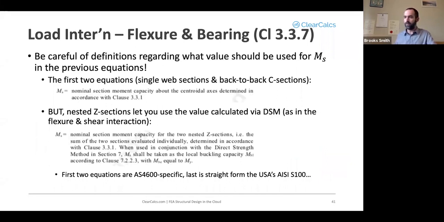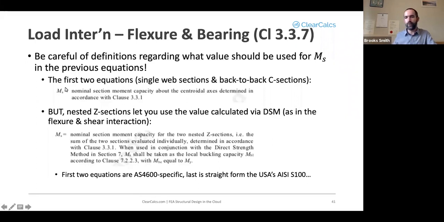There is something a bit confusing still in the AS4600-2018 revision in that flexure and bearing interaction equation. That is that the definition of M sub S is different for the different equations.